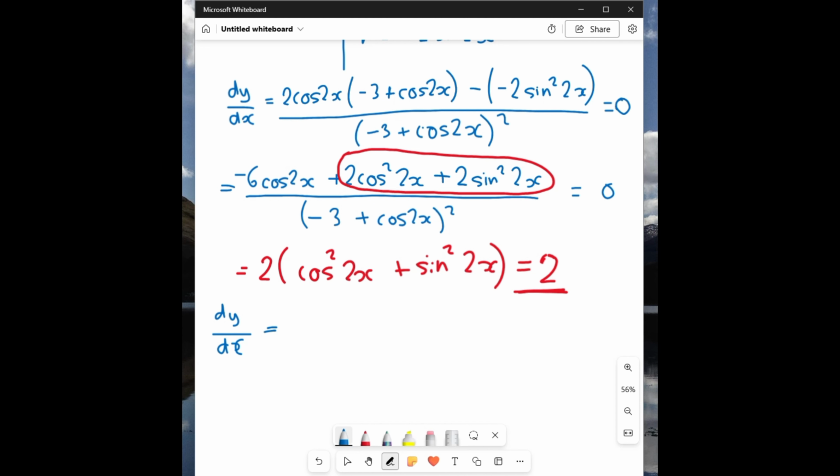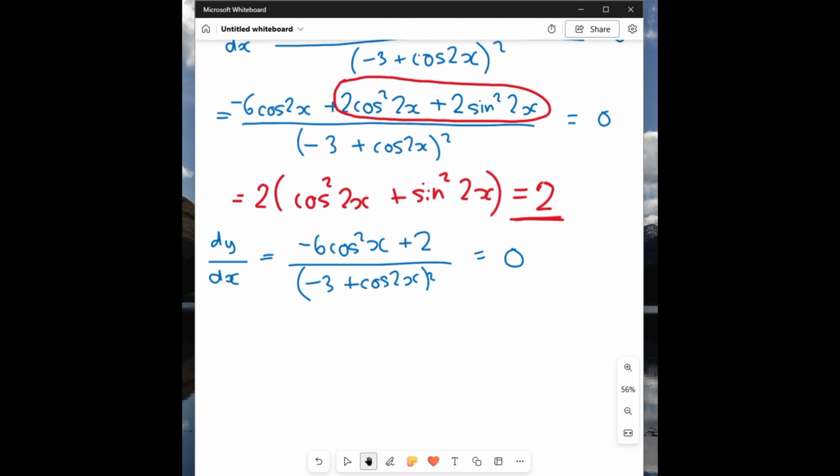And that now becomes, so we still have our minus 6 cos squared x plus 2 over our minus 3 plus cos of 2x squared is equal to 0. Now, when I'm thinking about solving this, I need to think, how can I make that equal 0?